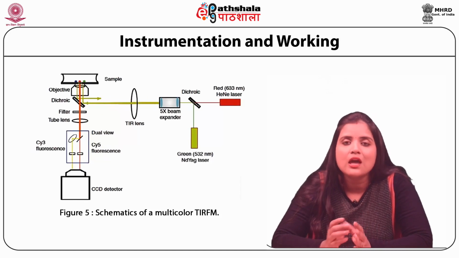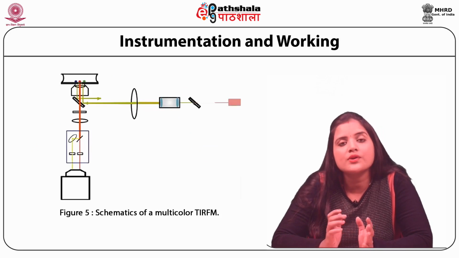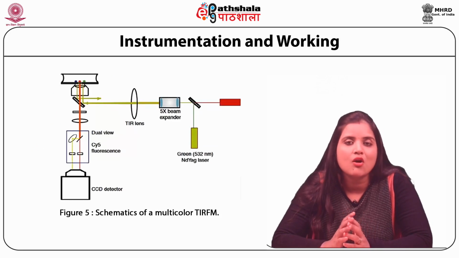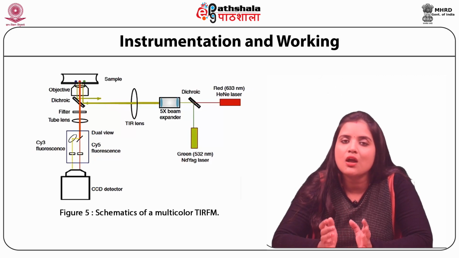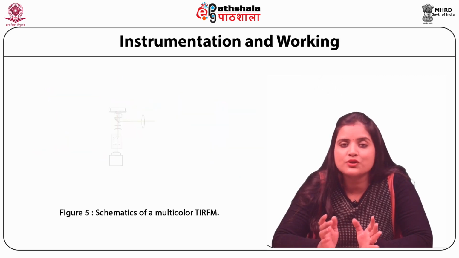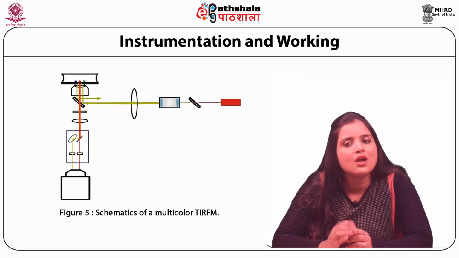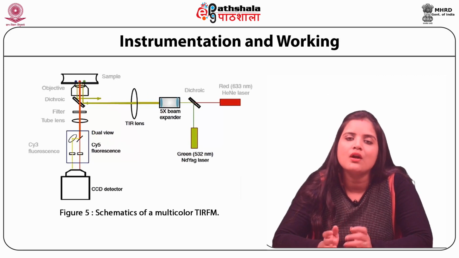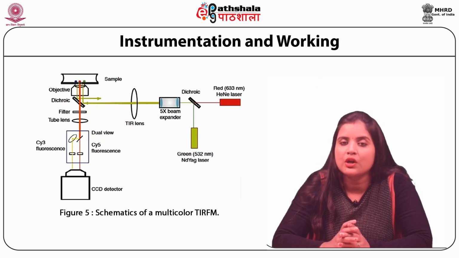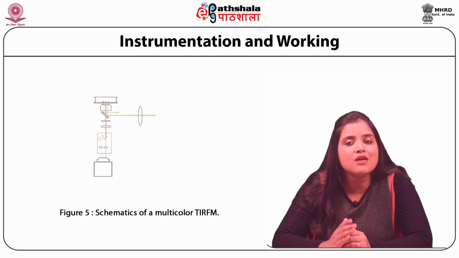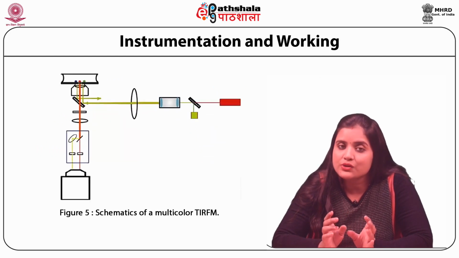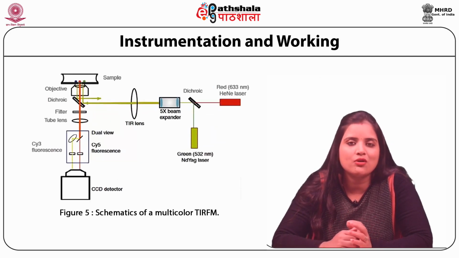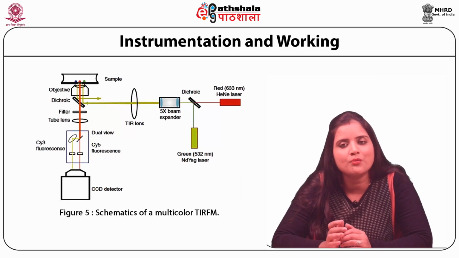This technique can be employed for studying the mechanisms of binding, dissociation, as well as diffusion, that is, fluorescence recovery after photobleaching, which is abbreviated as FRAP, associated intracellular dynamics in macromolecules.